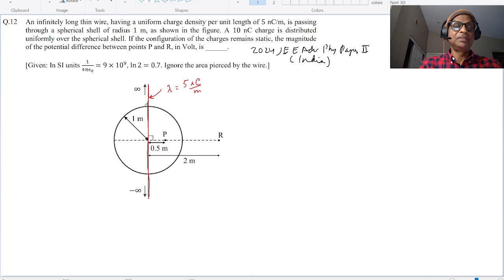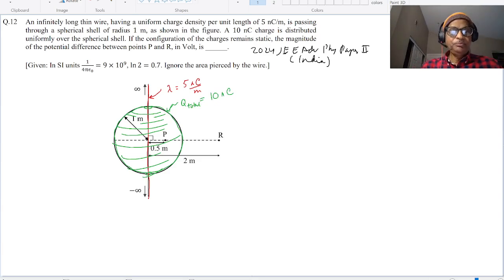And then we have a spherical shell with a tiny hole here and a tiny hole here for this wire to go through. On this you have, distributed evenly, a net charge Q total equal to 10 nanocoulomb.